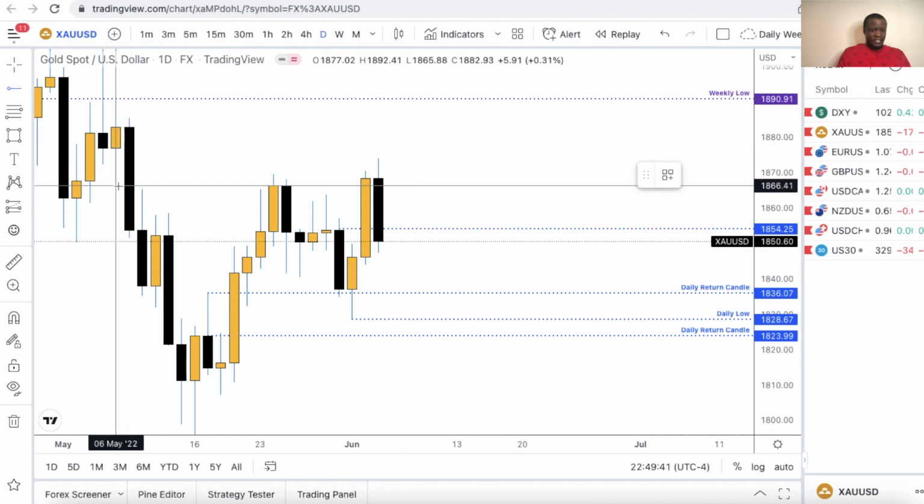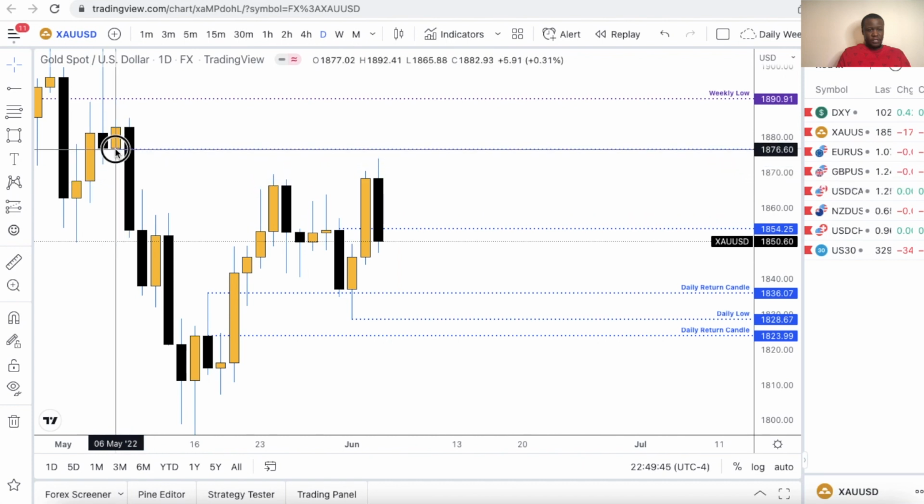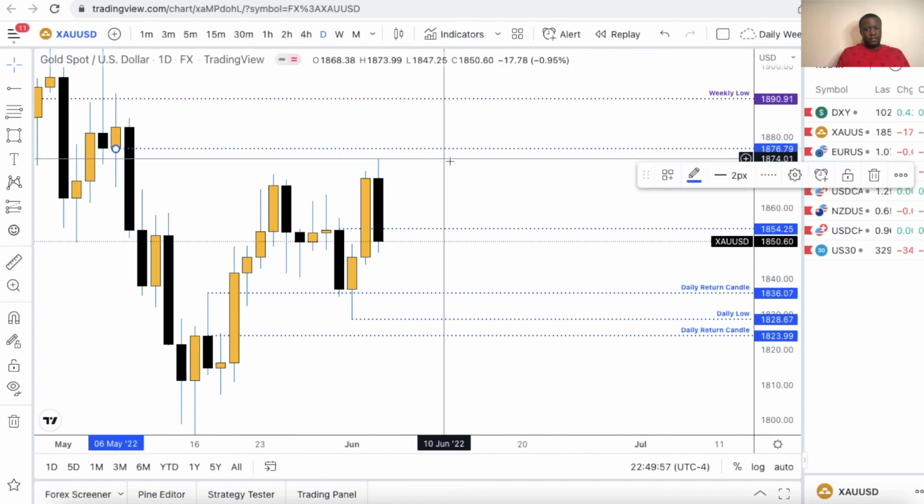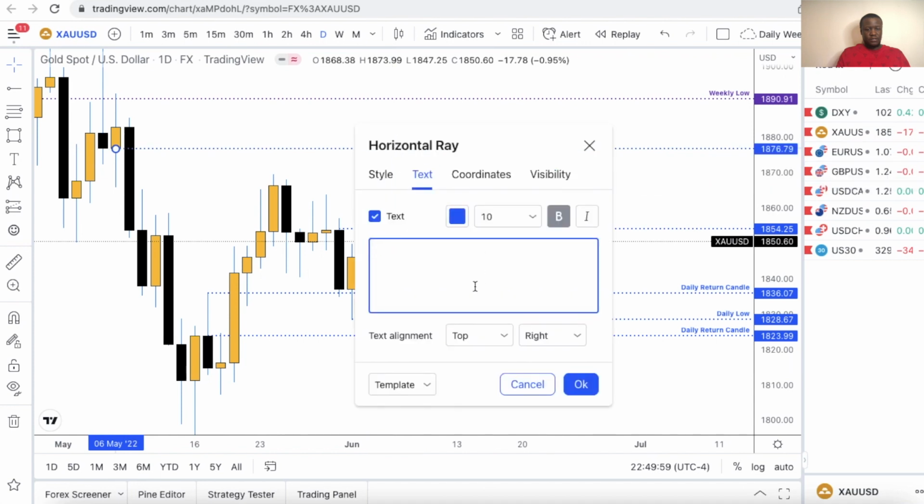Once again, like I said, it could be the wick or it could be the body. You could put it at both. The last up close candle before the down move. So put daily return candle.